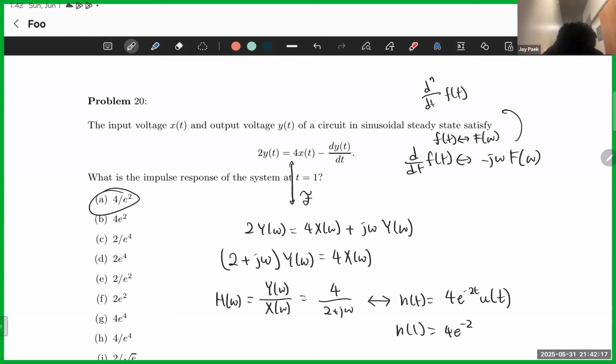The nth derivative d^n/dt^n is just negative j omega to the power n times F of omega. As long as f of t is n times differentiable, then yes, this will hold.